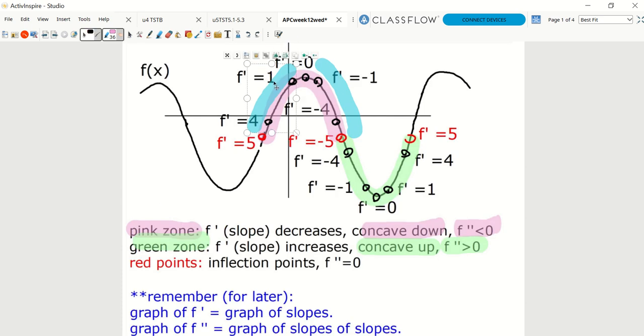We have a maximum where the slopes are positive in the graph of F, and then it switches to negative. Where the slopes are negative, negative, negative and switch to positive, that's where we have a minimum, okay?